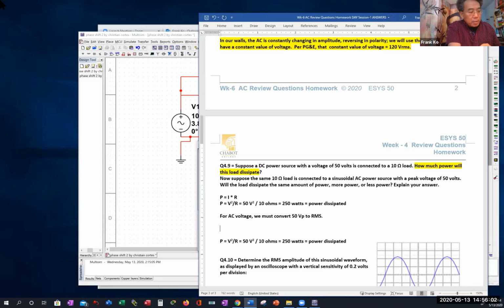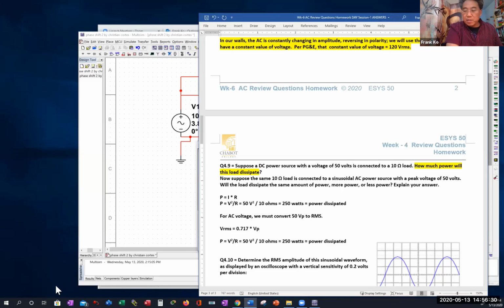You should have it readily available on your formula sheets in your notebooks. So V RMS is equal to what? Volts. It is equal to 0.707 times the peak. 0.707 multiplied by the V peak.